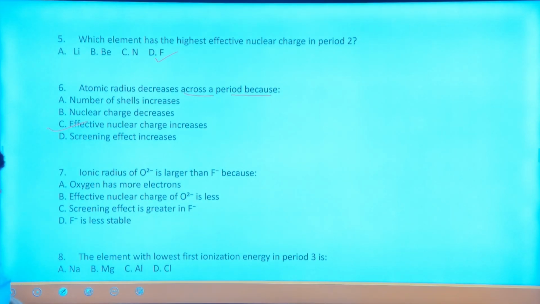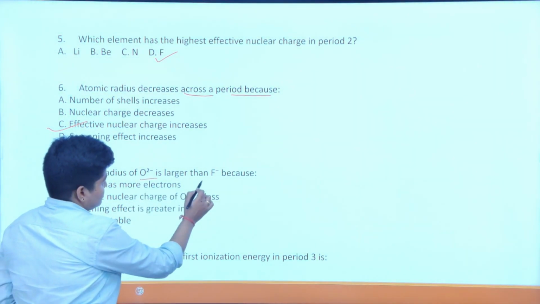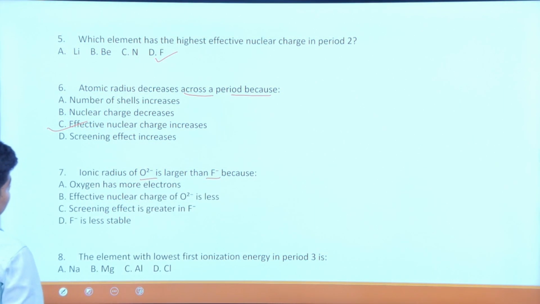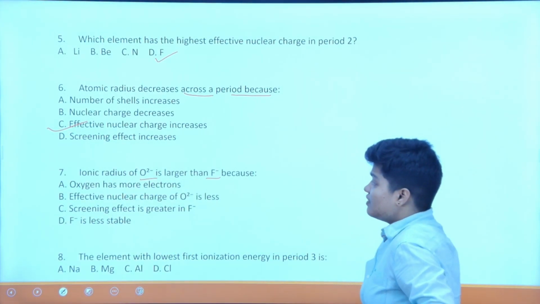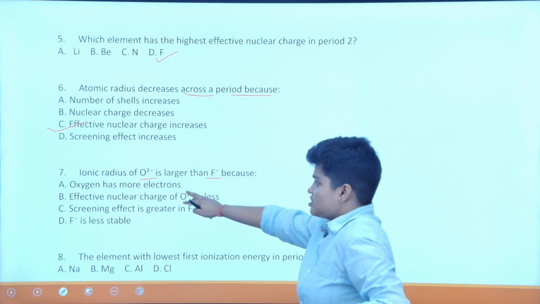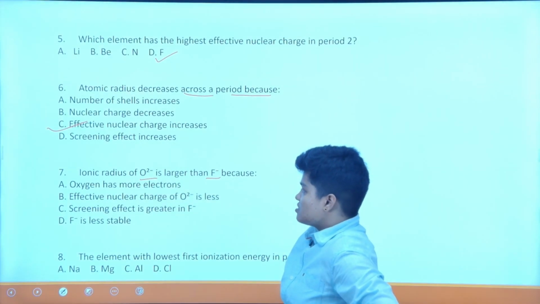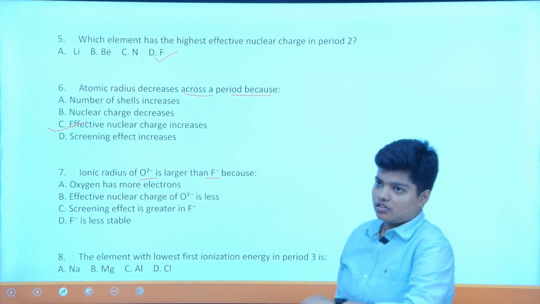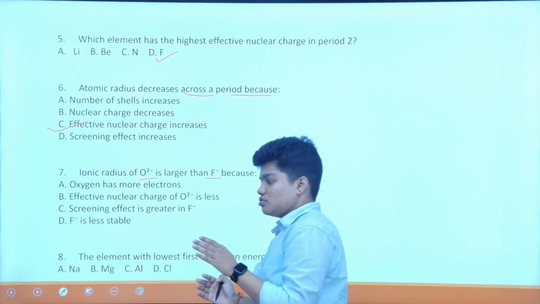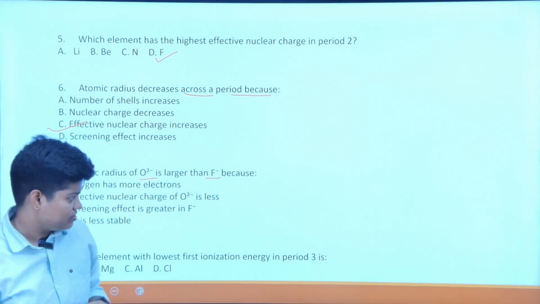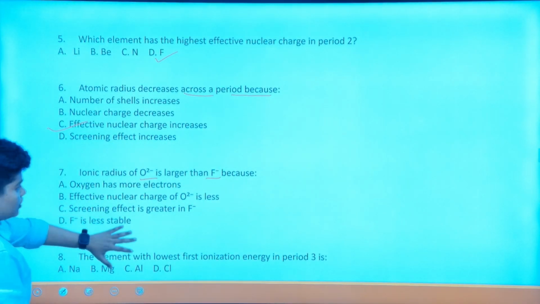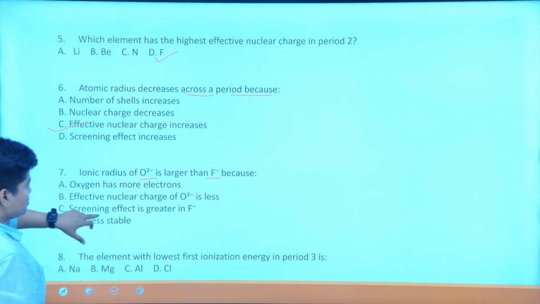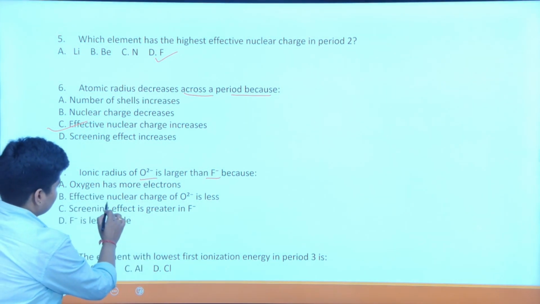Now the seventh question: the ionic radius of O2 minus is larger than F minus. What is the reason? In case of ions, if the charge is more, as in O2 minus, there will be repulsion of electrons, so automatically there will be an increase in size. But the main concept is effective nuclear charge.